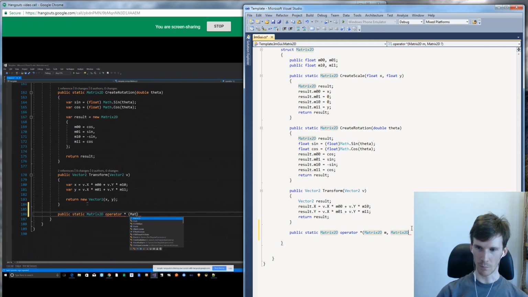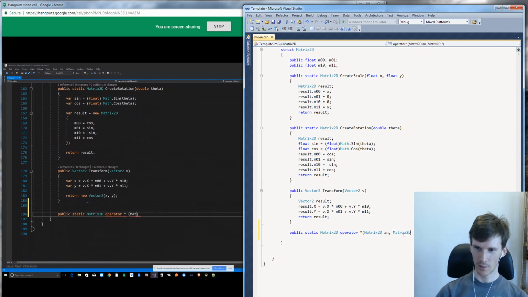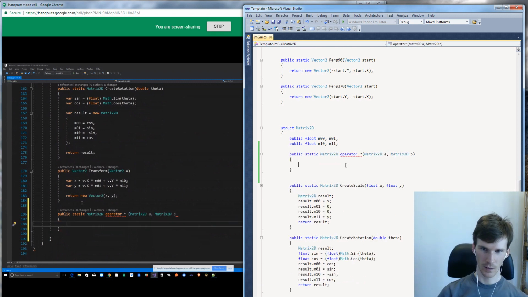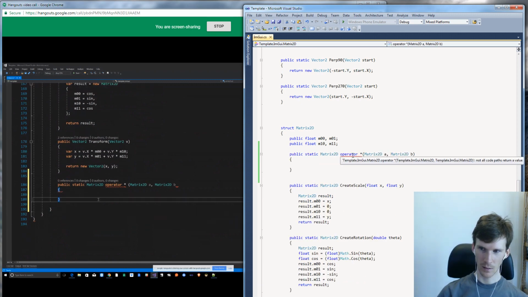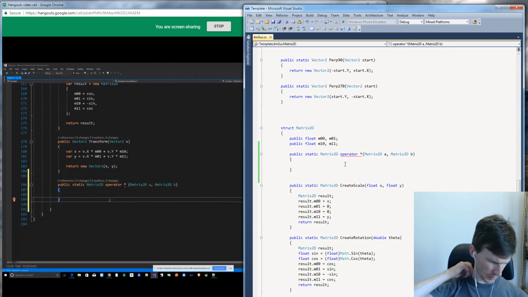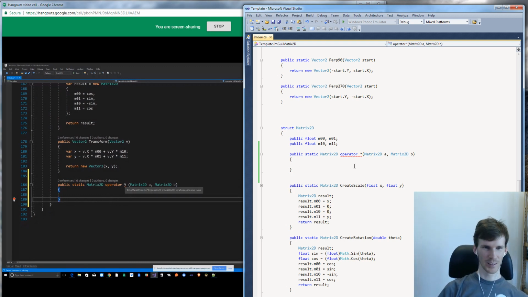I'm going to call them A and B actually. I think you're missing explicit or implicit or something. Oh no, I don't need implicit. Implicit is for construction. But it will compile that way.